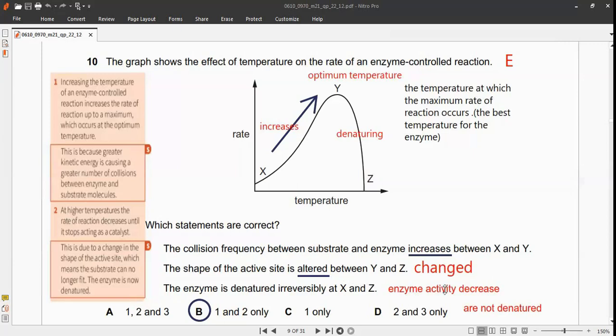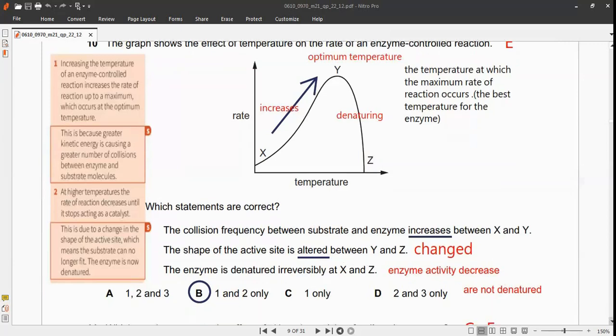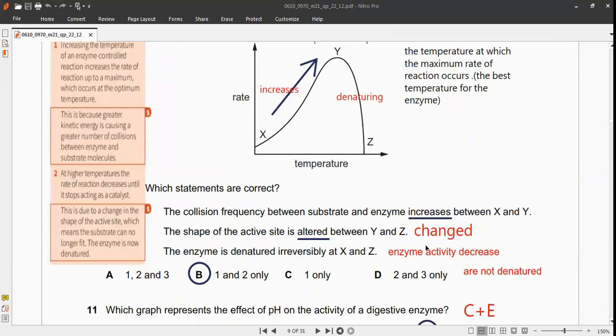So the correct answer is B, 1 and 2 only: the collision frequency increases between X and Y, and the shape of the active site is altered between Y and Z. But number 3 is not correct: the enzyme is denatured irreversibly at X and Z? No, the enzyme activity decreases only.